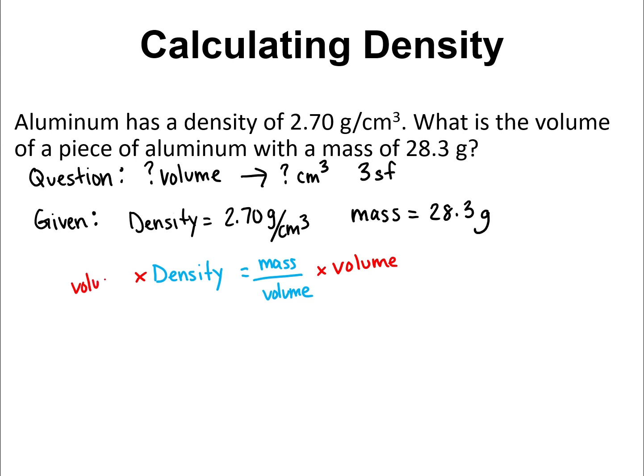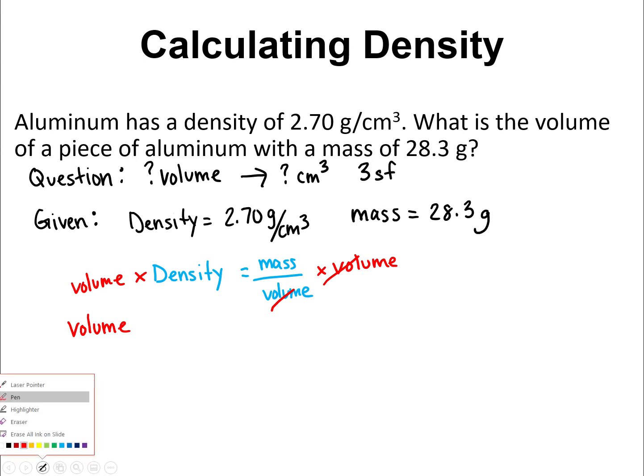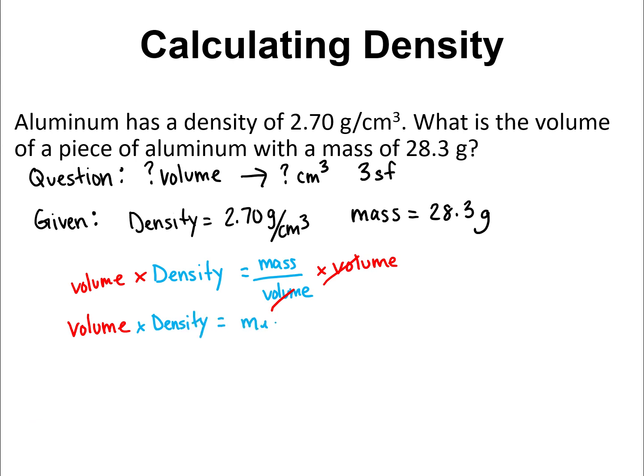That gets the volume out of the denominator and a little bit easier to work with. Now I'm going to divide by density on both sides.